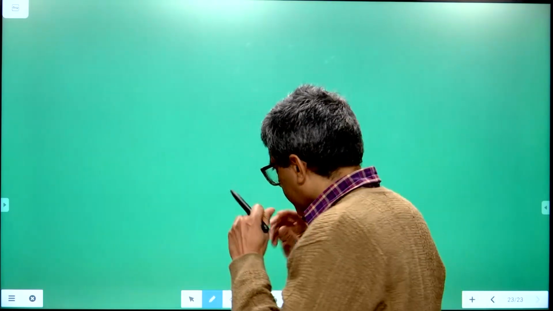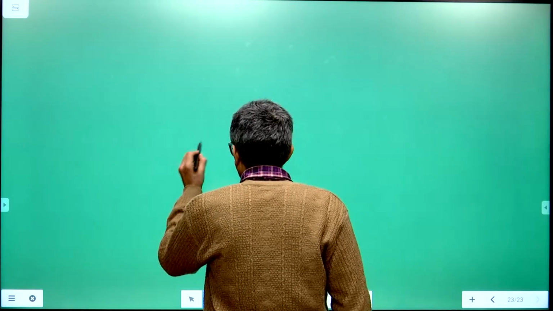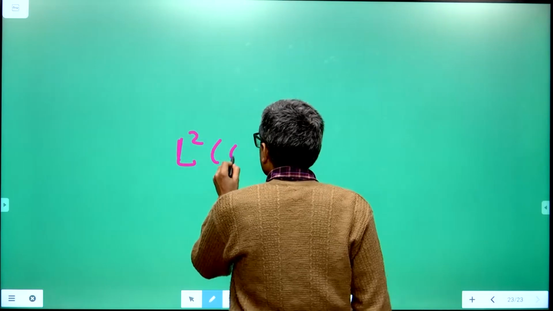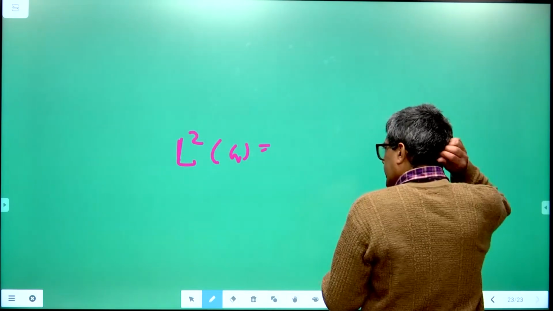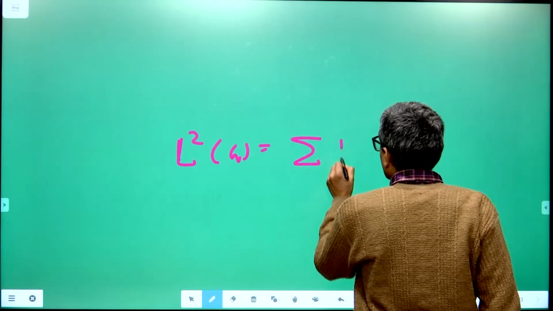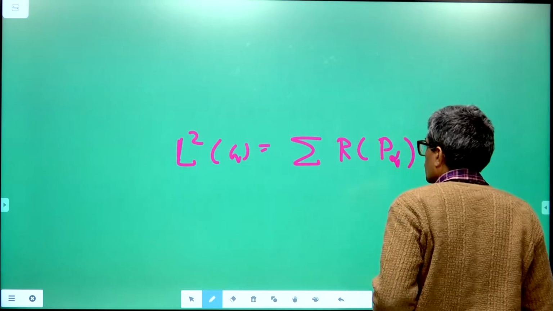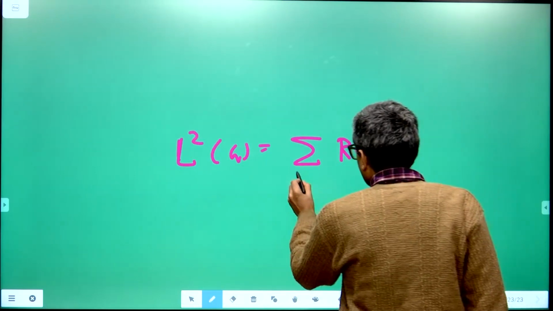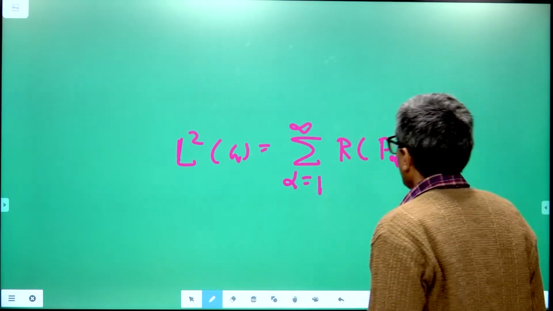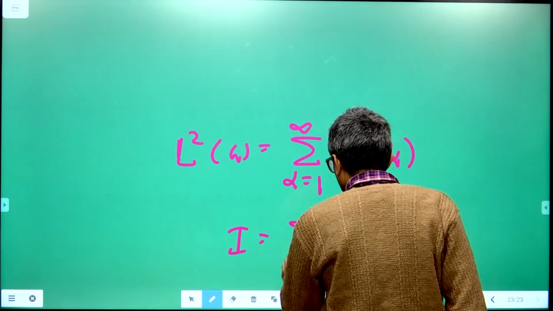in fact by using the spectral resolution of this compact operator you can show that the different eigen subspaces span the space. That is, you write the entire Hilbert space L2(G) as the direct sum of the ranges of the different projections P alpha, alpha equals 1 to infinity, where the P alphas form a resolution of the identity, summation P alpha, alpha equals 1 to infinity.